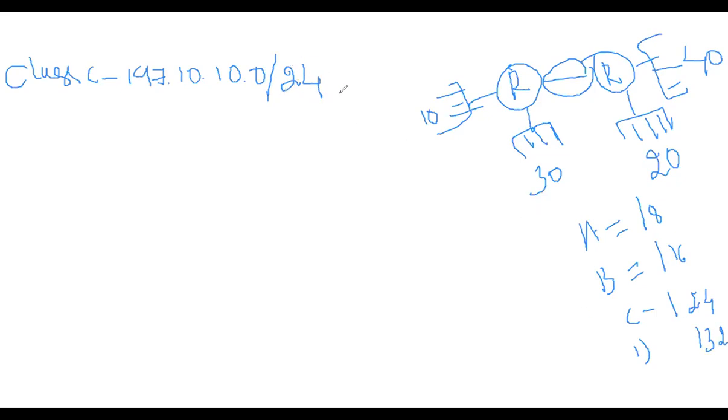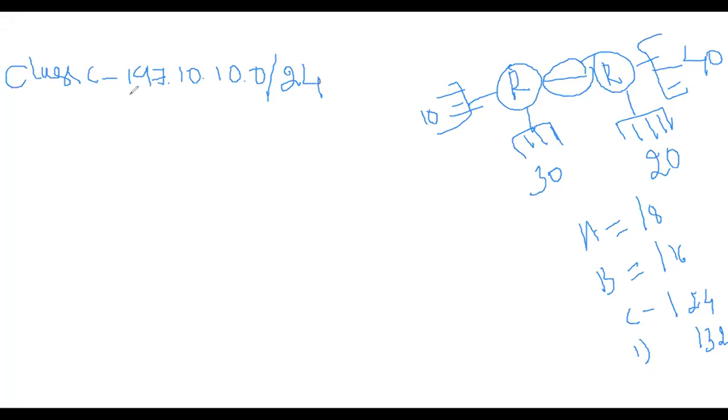If there is a slash 24, then no subnetting has taken place. If the number is more than this, subnetting has already been done. Consider the IP address 197.10.10.0 slash 24.